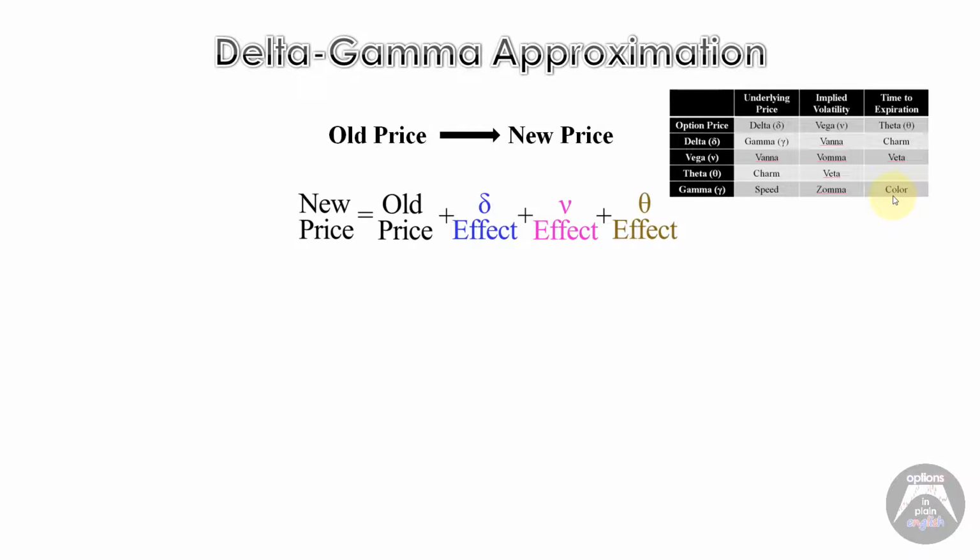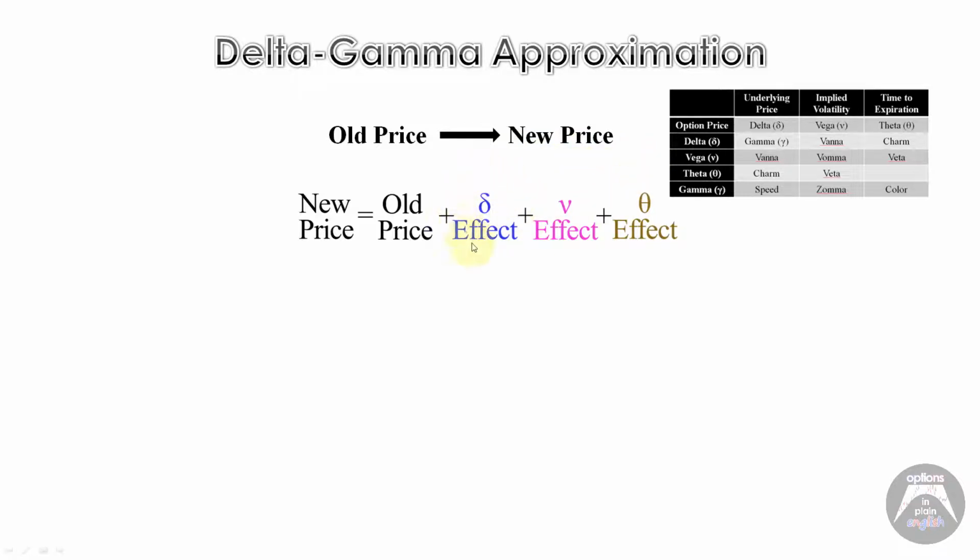So if we want to come up with a formula that tells us what our new price is going to be, so that we can know whether we have profits or not, we'll start with something very simple to understand. The new price of the position that we have is going to be equal to the old price plus the effect of delta plus the effect of vega plus the effect of theta.